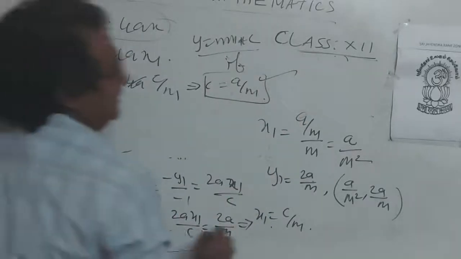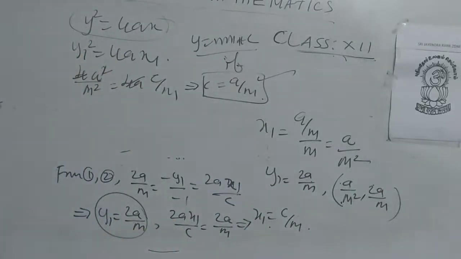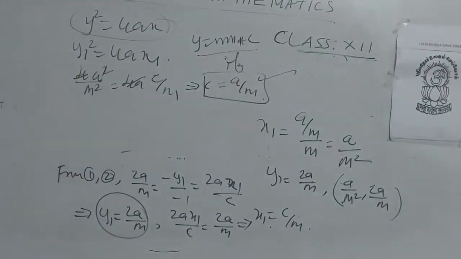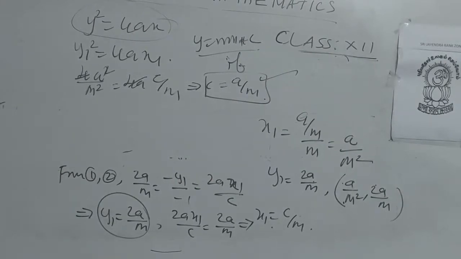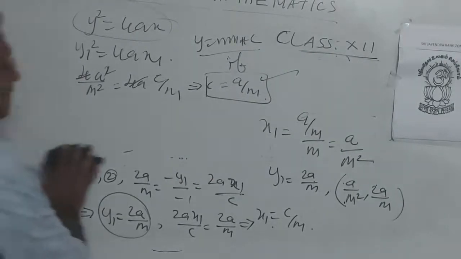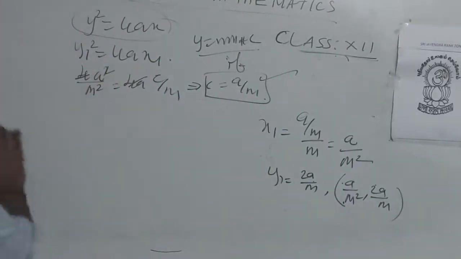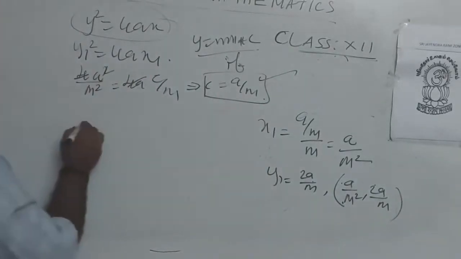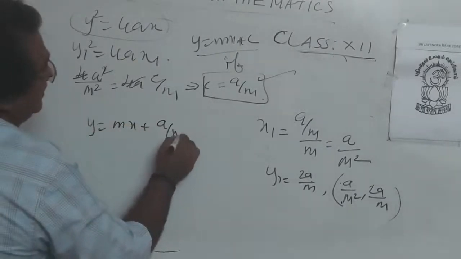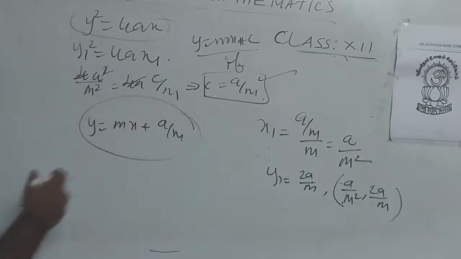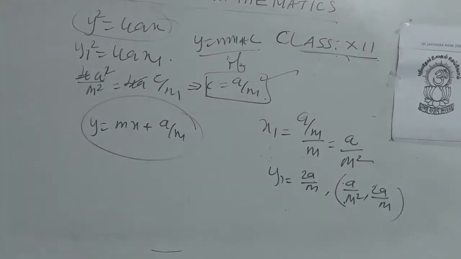The point of contact is a by m squared comma 2a by m. We should remember this. The same method you can use to derive conditions as well as points of contact for the remaining types of parabola. So y equal to mx plus c, in place of c you can write a by m. This will be a tangent to the parabola for all values of m.